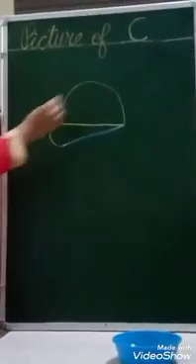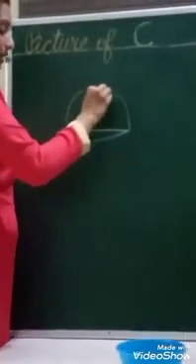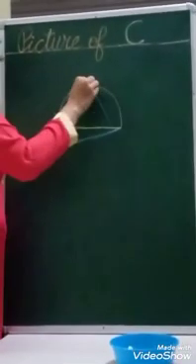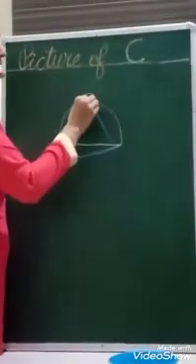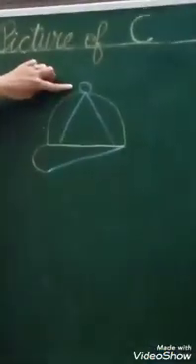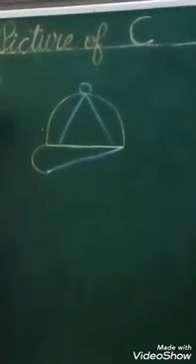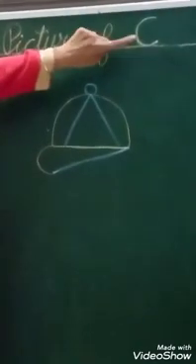Now, we will make two more slanting lines in the semicircle. Semicircle में भी हम two more slanting lines बनाएंगे and we will make a small circle on the top. So, this is the picture of alphabet C.